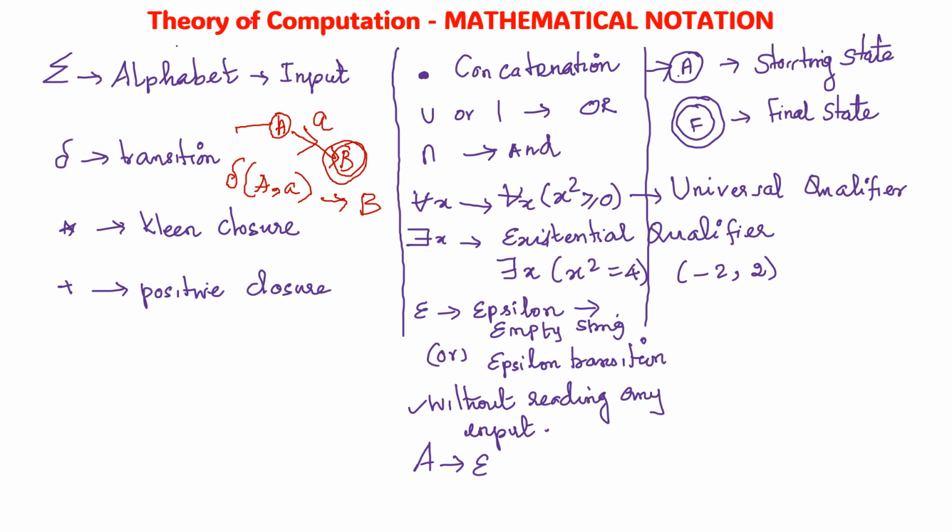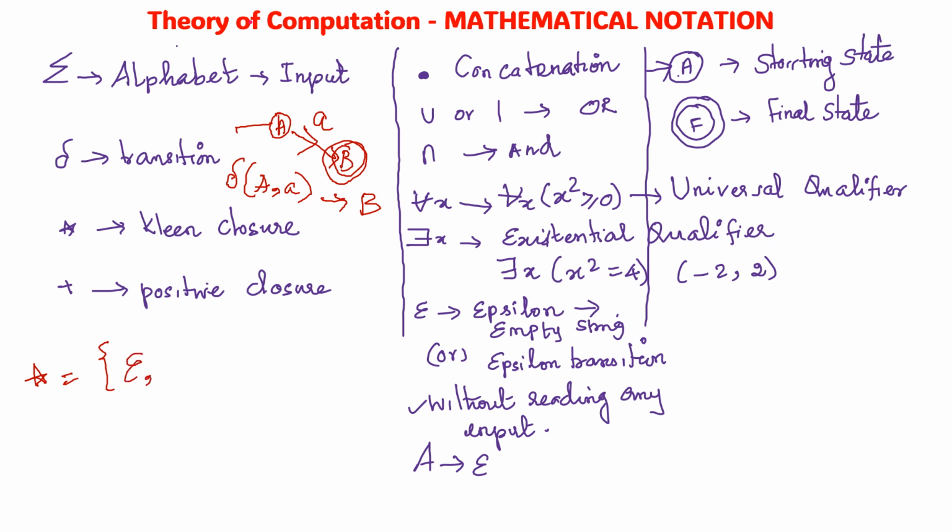Next we can represent the Kleene closure, that is a star. Kleene closure means it may generate n number of times, not just n number of times, it goes infinitely. But the star starts with the empty string.